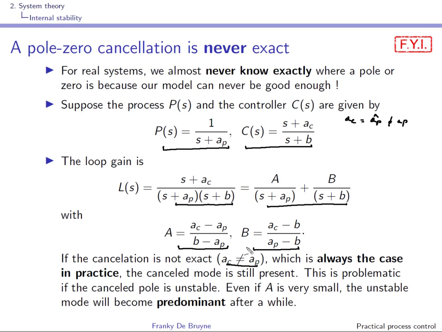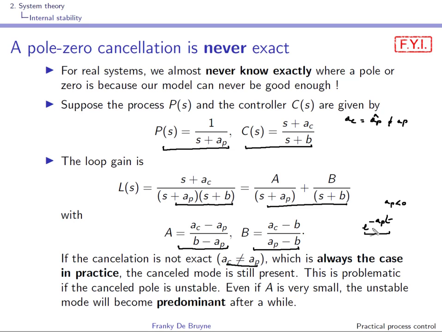And the cancelled mode, which is exponential of minus AP t, is still present because this one might be small, but it is still there. If this mode is unstable, this means AP negative, this is problematic because even for a very small A, the unstable mode over here will become predominant after a while.